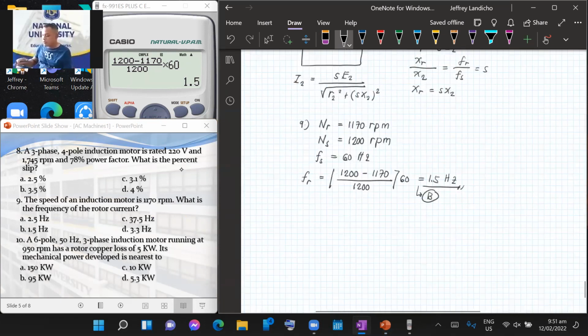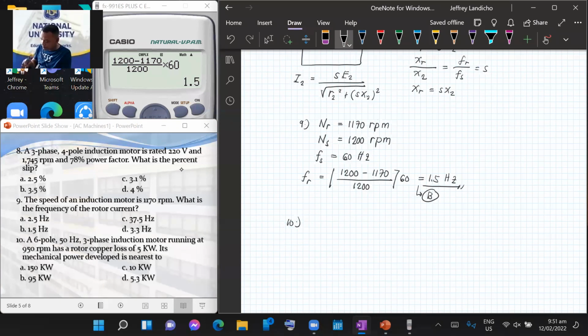So, iwanan ko si number 9. So, let us try to solve for problem number 10. So, for number 10, a 6-pole 50 Hz 3-phase induction motor running at 950 RPM has a rotor copper loss of 5 kilowatts. Its mechanical power of 3-phase, so yung ating rotor copper loss, so that is RCL.